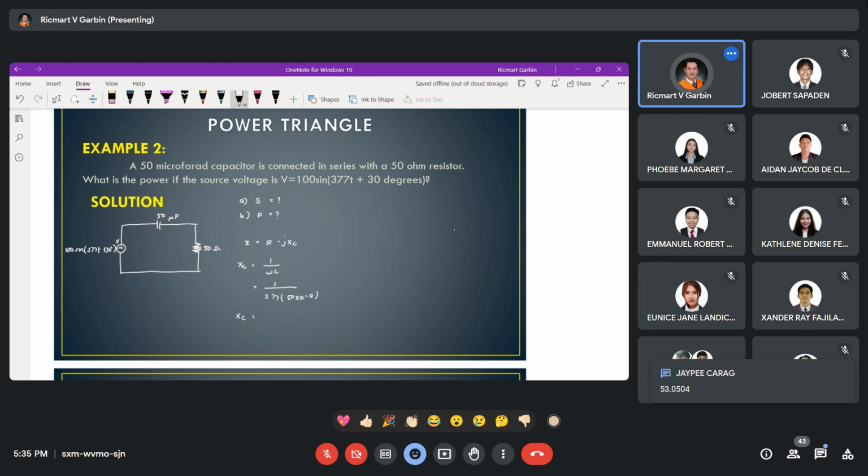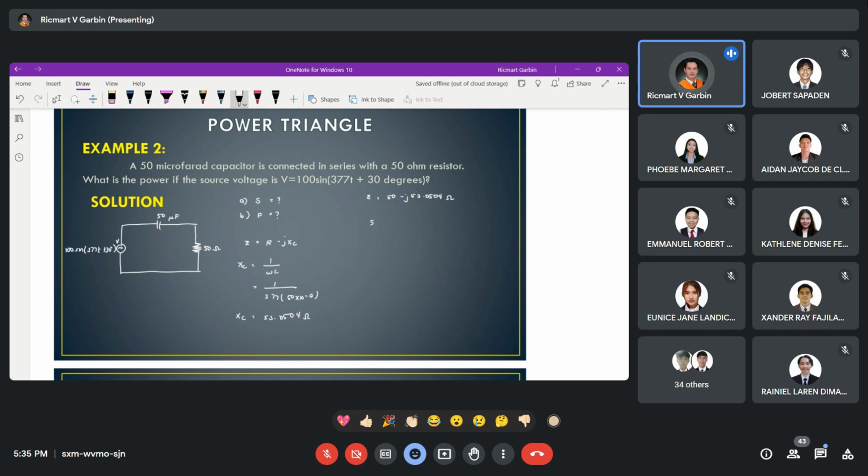So we have 53.0504 ohms. So therefore, ang ating impedance is equal to R, which is 50 minus J 53.0504 ohms.